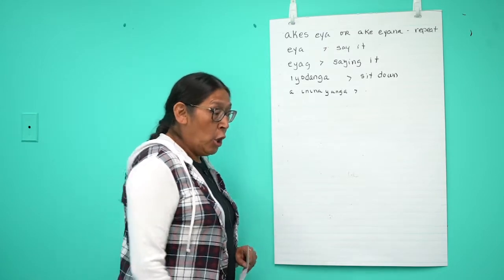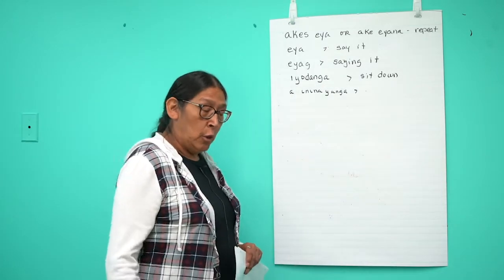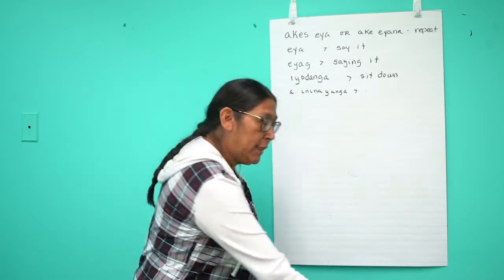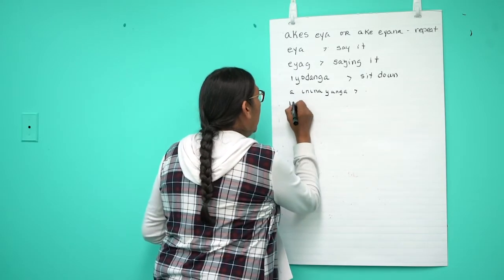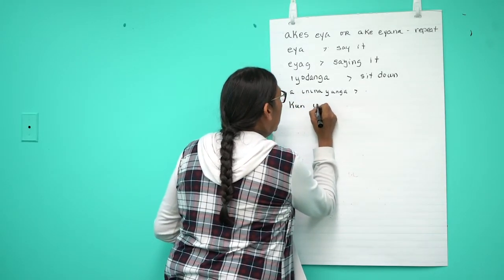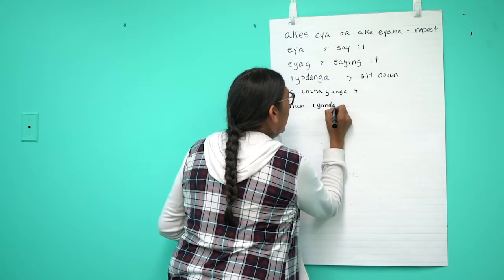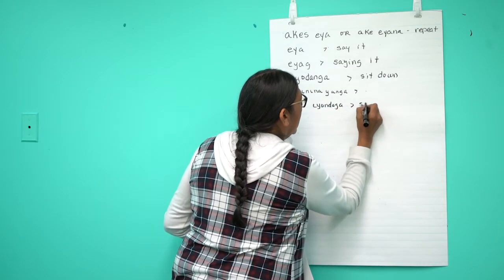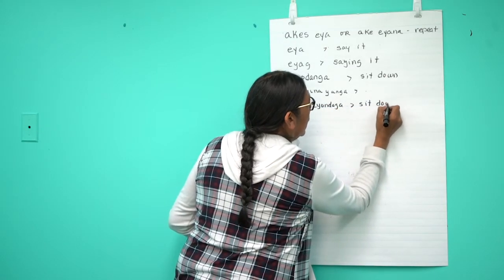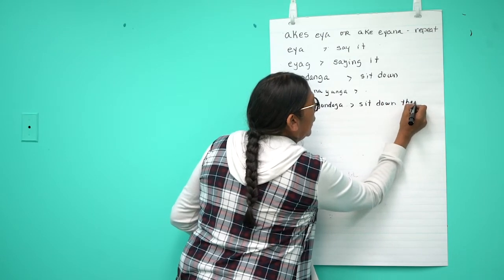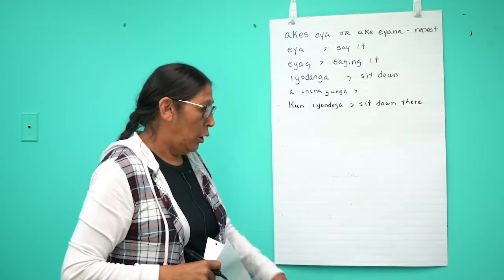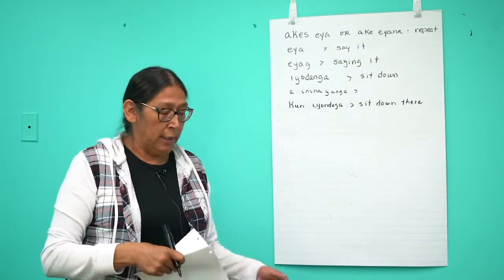And then when I say kun iodanga, I'm telling you to sit down there. Kun iodang. Sit down there. If you remember from our other words, kun is down, so kun iodang. Sit down there.